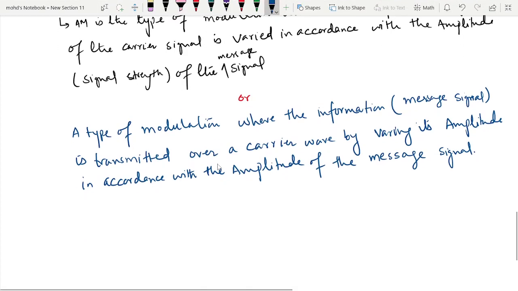Now let's discuss the mathematical expression of amplitude modulation.